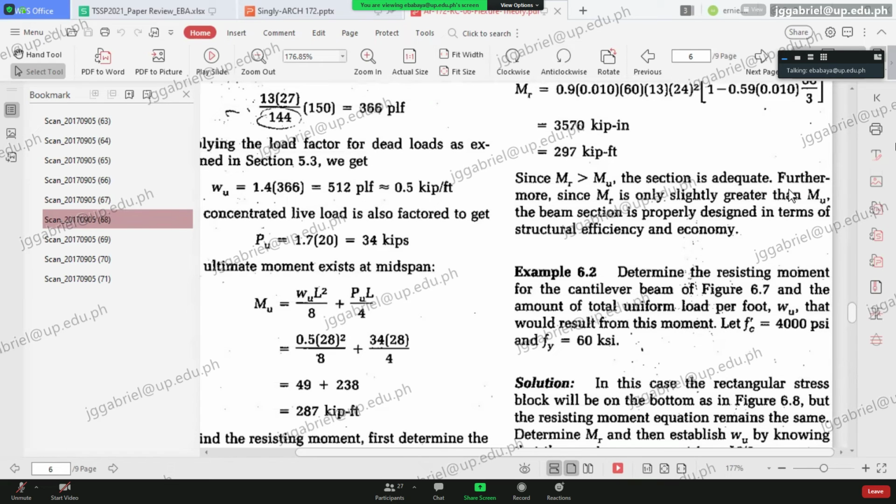And then it says here, furthermore, since MR is only slightly greater than MU, the beam section is properly designed in terms of structural efficiency and economy. So, the difference is small, very close. That means the section chosen is economical.